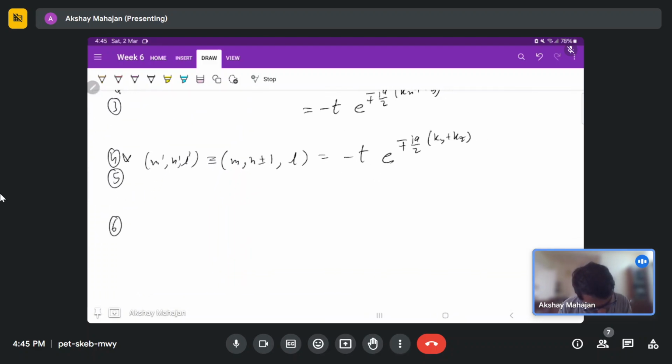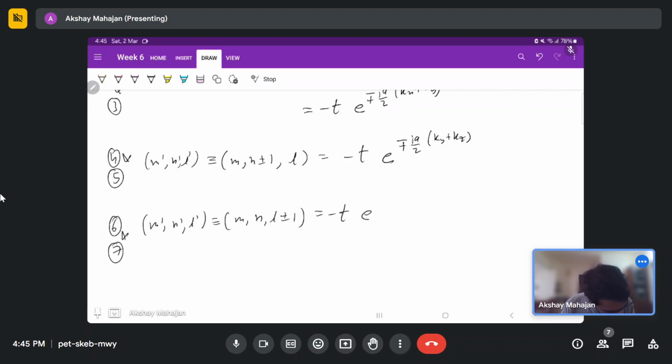Then similarly we have the sixth and seventh term. For the sixth and seventh term it will be m prime, n prime and l prime equals m comma n comma l plus minus 1.